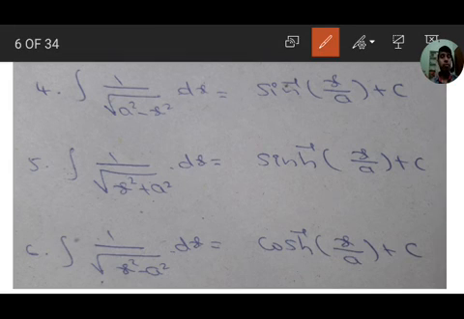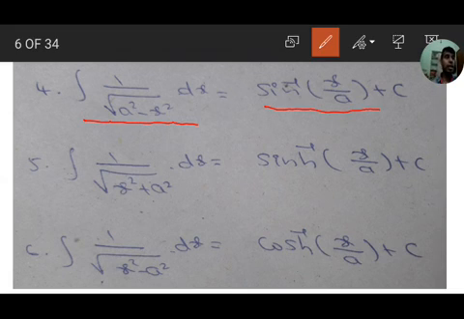Integration 1 by square root of a square minus x square dx equal to sin inverse x by a plus c. Integration 1 by square root of x square plus a square dx equal to sin h inverse x by a plus c.